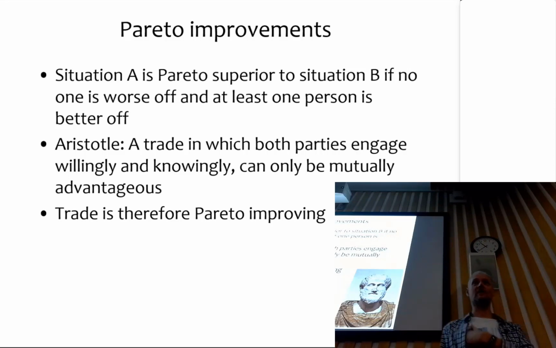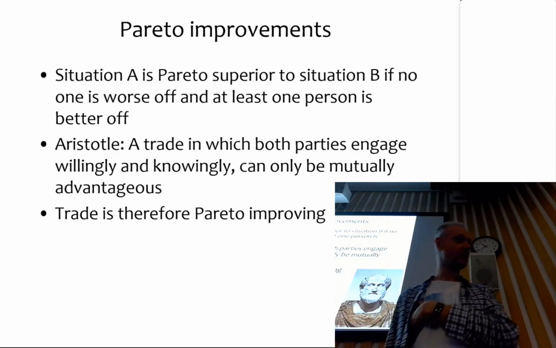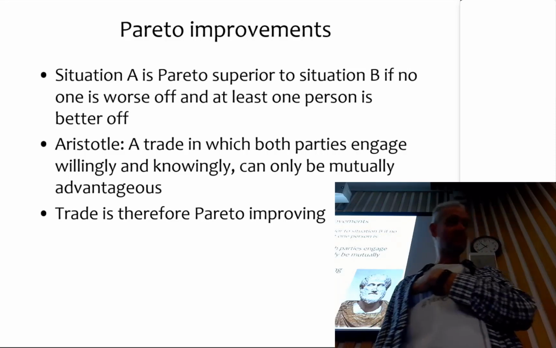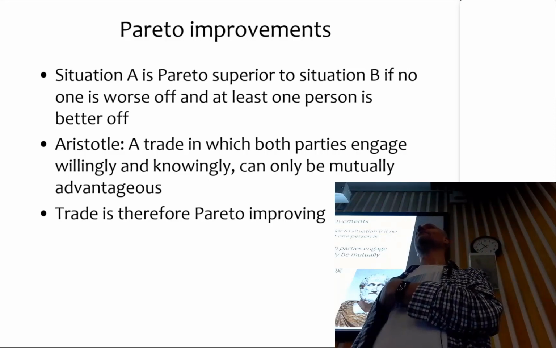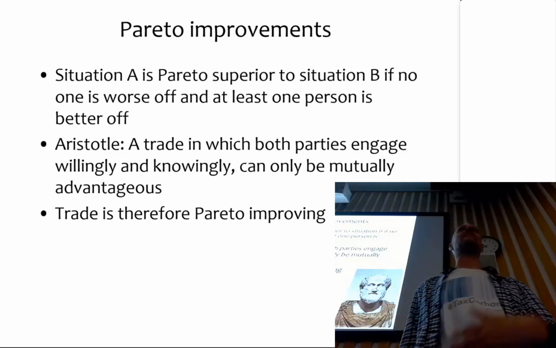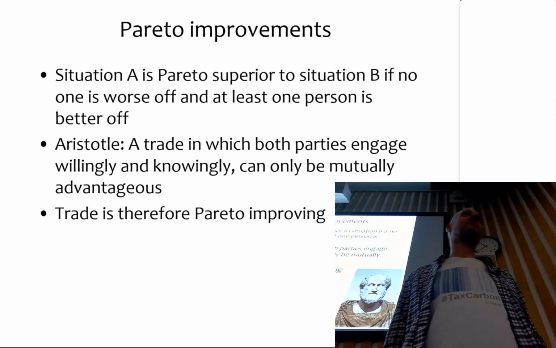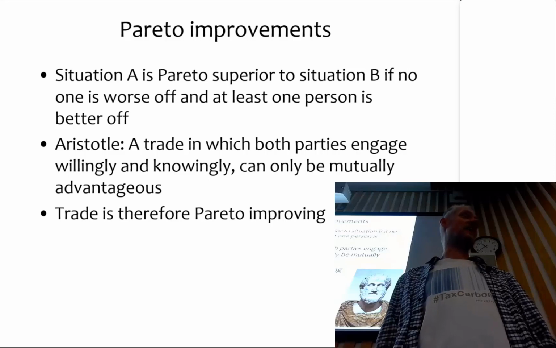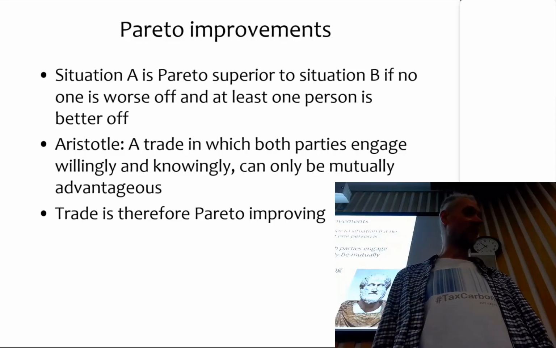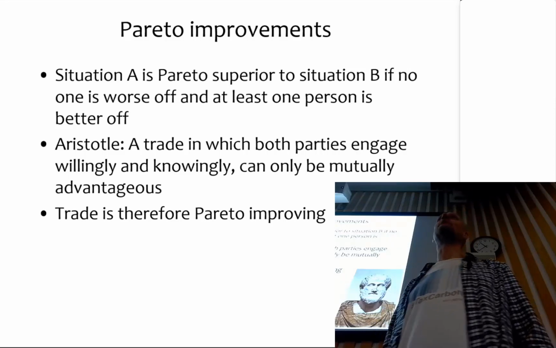And we call that Pareto superiority. The implication of these two statements together is that voluntary trade, a voluntary barter bargain between people, is Pareto improving, right?